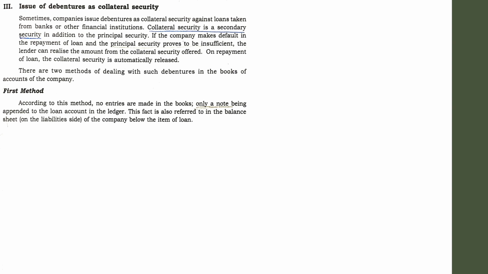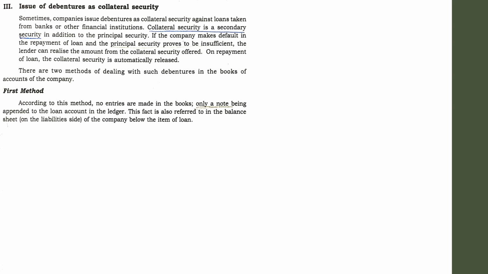The meaning is, I have mentioned that debentures may be offered as collateral security, and if I fail to pay the interest amount, the bank will use the collateral security to recoup the amount which I didn't pay.